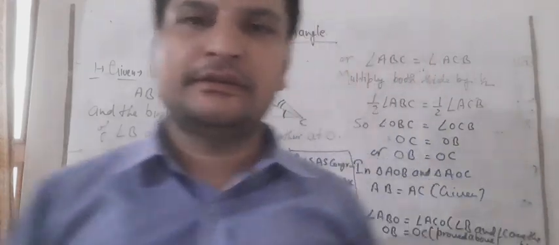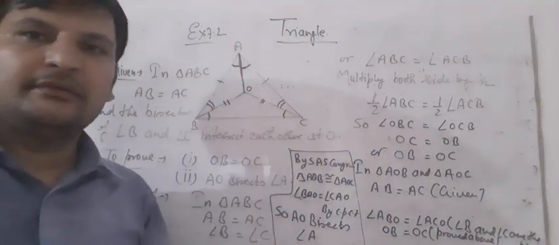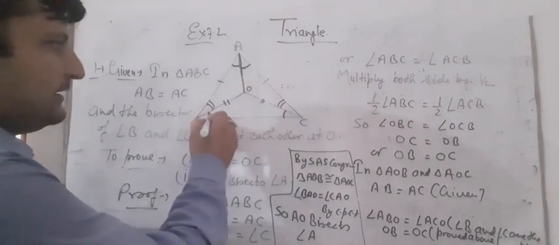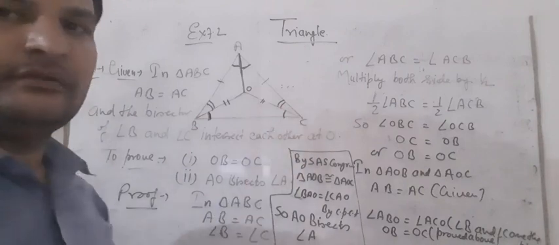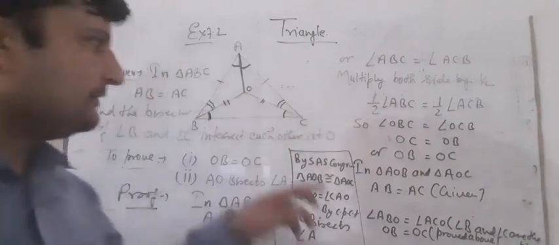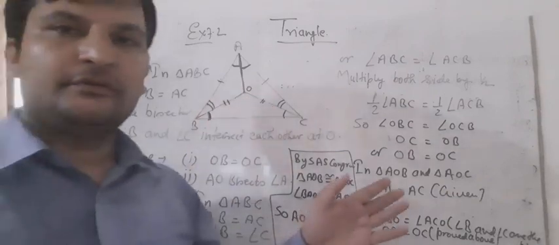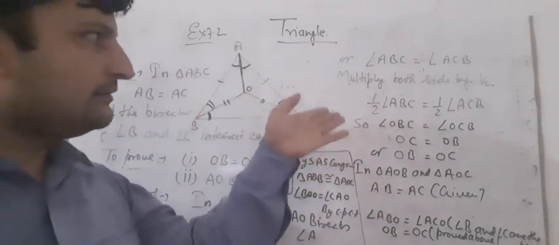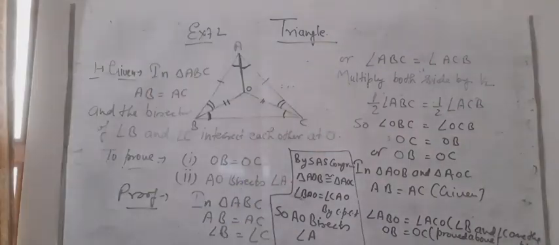Both the answers are the same because this is the bisector of this. It means angle B and angle C are the bisector of this. It means this angle is equal to this angle. Similarly here this angle is equal to this angle. So these two angles are also equal to each other. So by using either you can do it by a congruency rule.